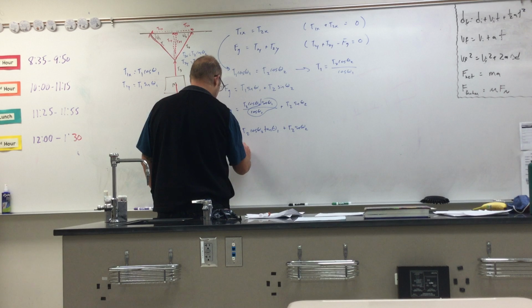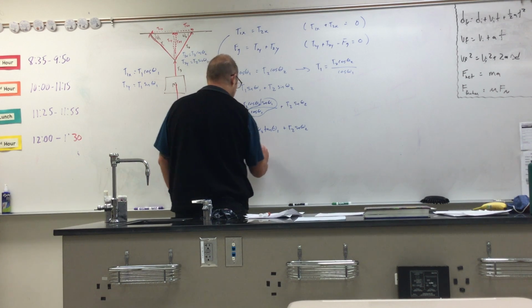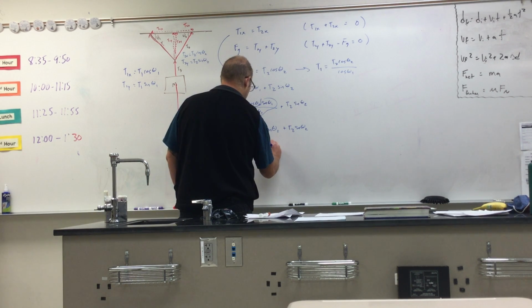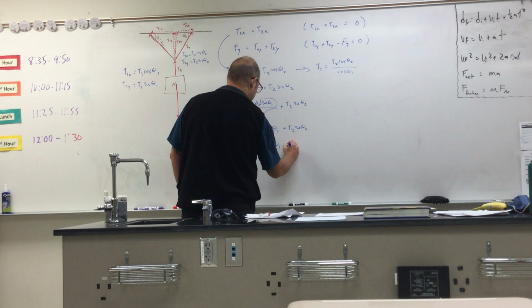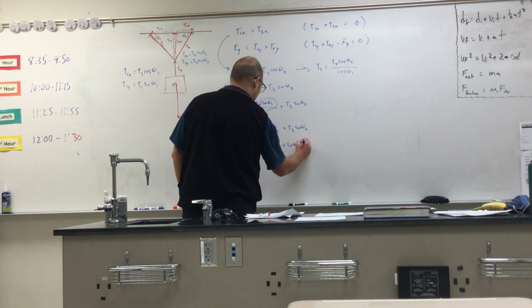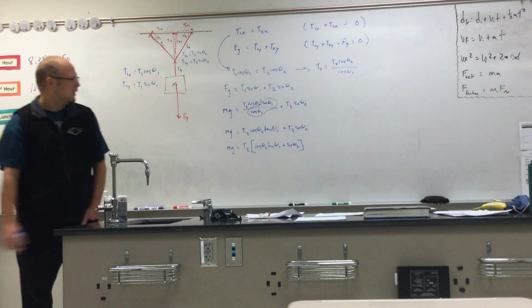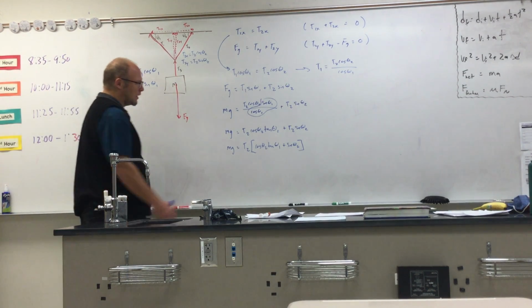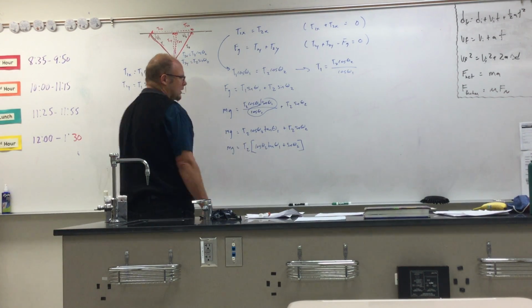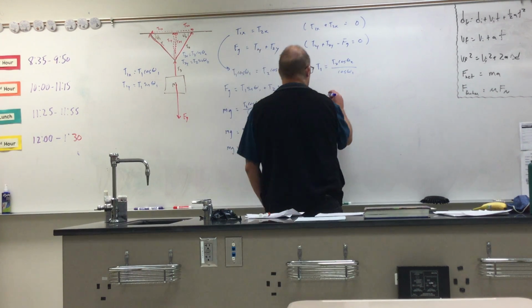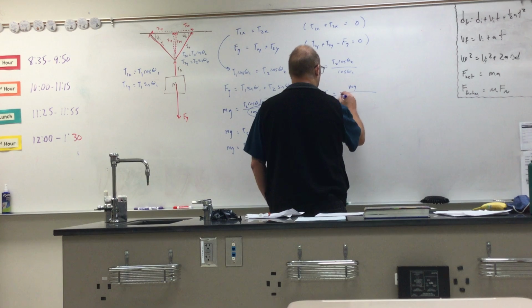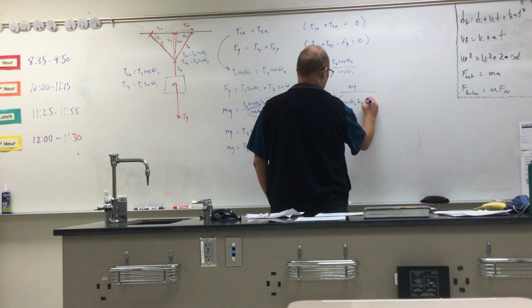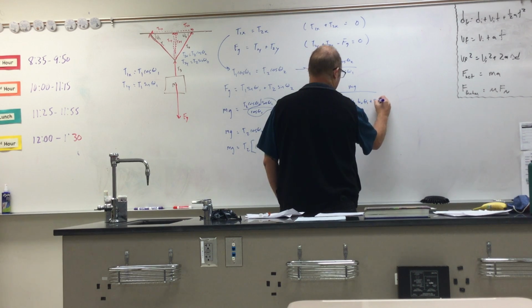So mg equals T2 times (cos theta 2 tan theta 1 plus sine theta 2). The algebra is not complicated. Let's just bring this whole term over here, and then we're practically done. So T2 is really equal to mg all over (cos theta 2 tan theta 1 plus sine theta 2).